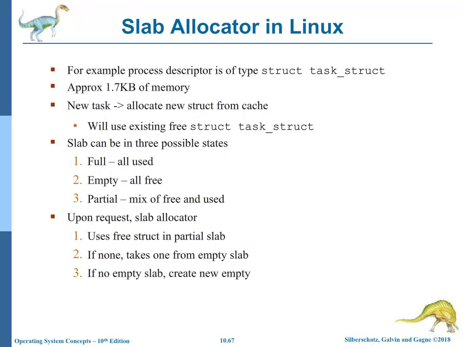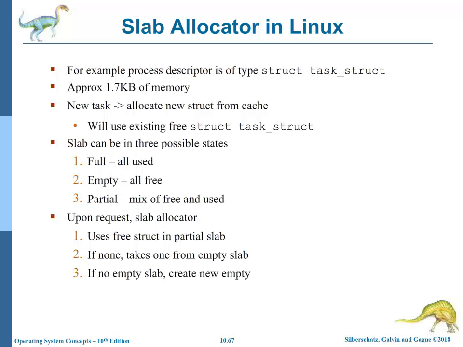In Linux, a slab may be in one of three possible states. Full: all objects in the slab are marked as used. Empty: all objects in the slab are marked as free. Partial: the slab consists of both.